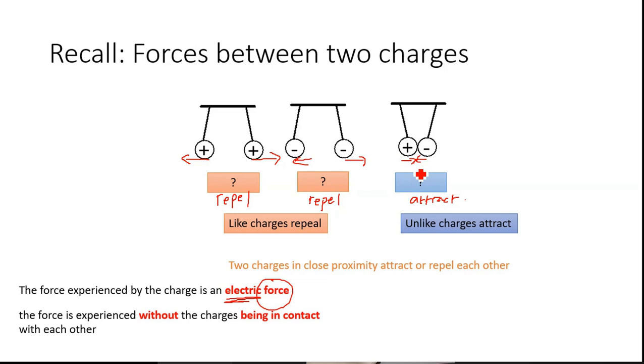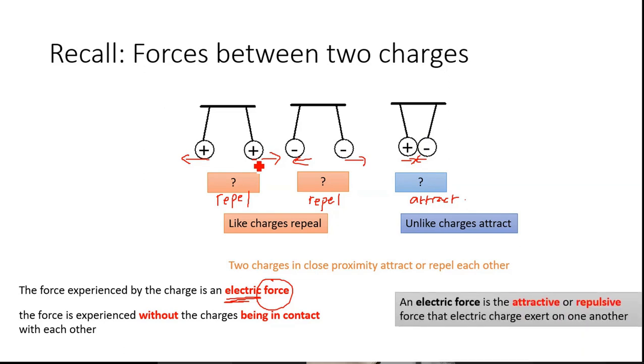The force is experienced without the charges being in contact with each other. So we can conclude that electric force is the attractive or repulsive force that electric charges exert on one another.